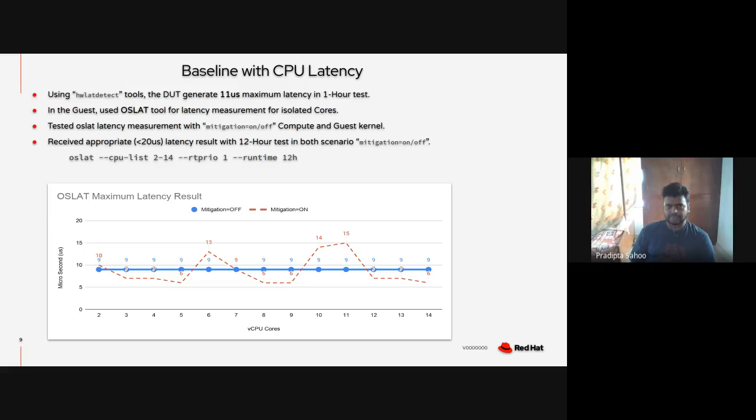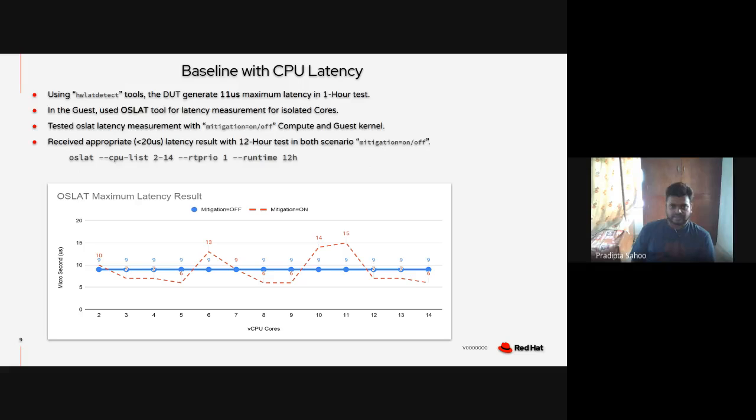So the 11 microseconds is because we disabled the turbo boost; for initial testing, the result was not good. But after optimizing the BIOS setting, we achieved better performance.